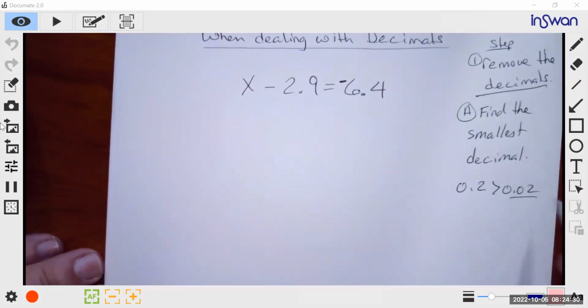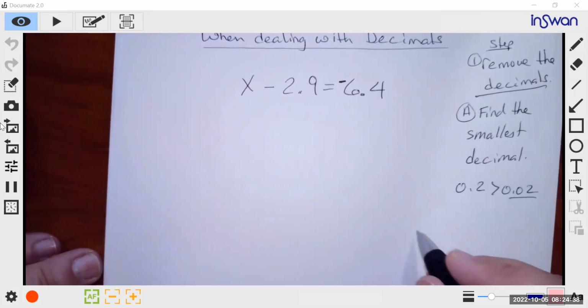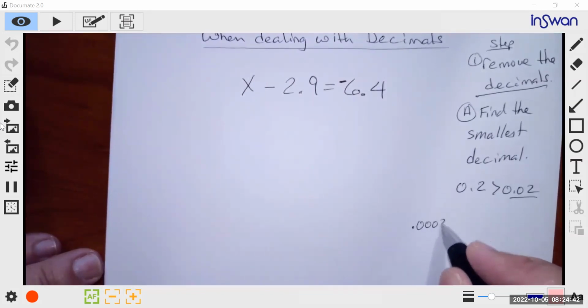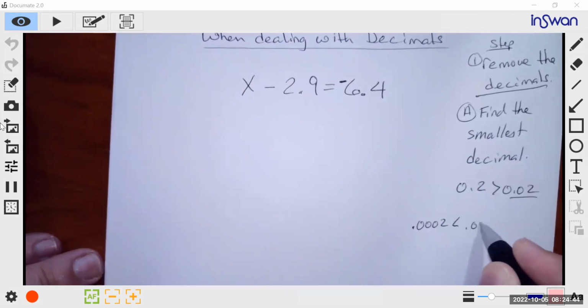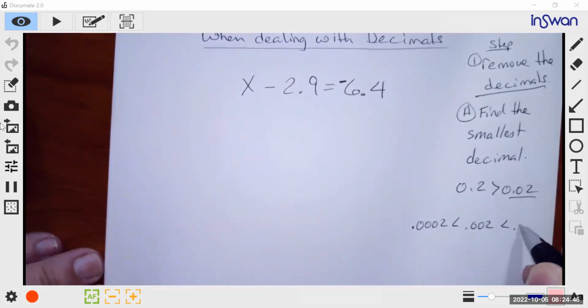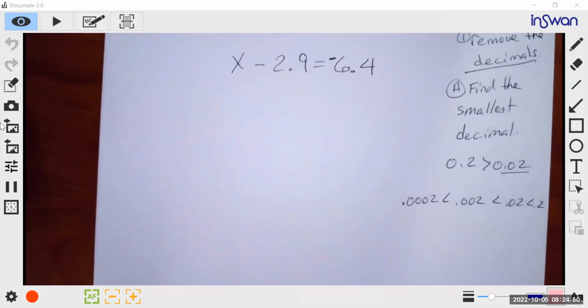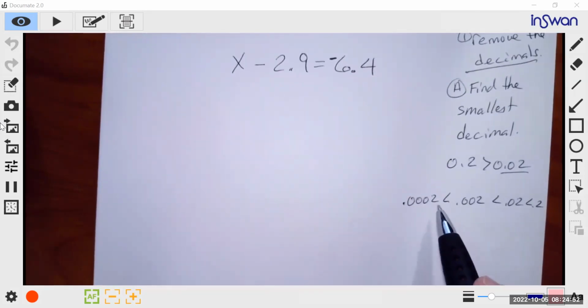The more spaces it has between the decimal and the numbers, the smaller it is. So 0.002 is less than 0.02, which is less than 0.2. So you see this, the more decimals it has, the smaller the number.